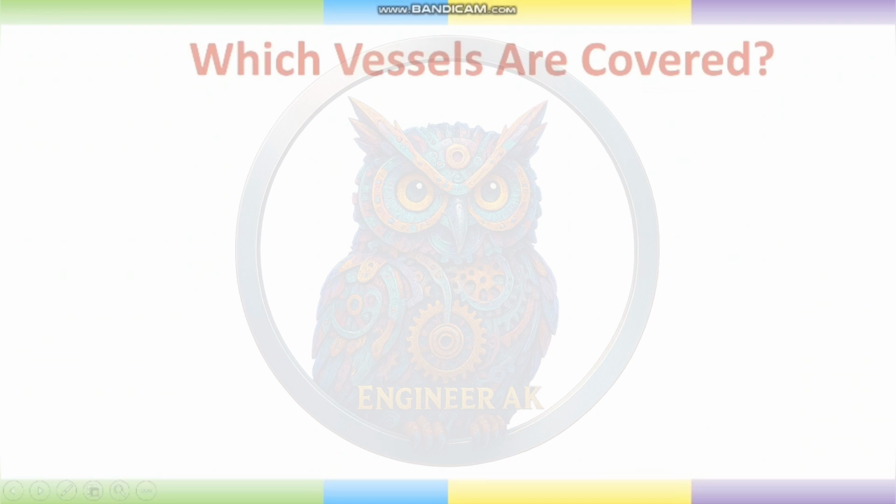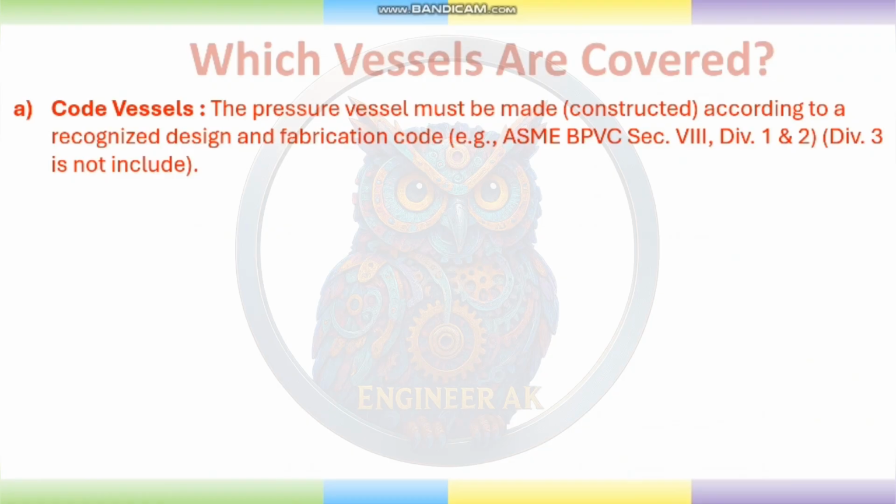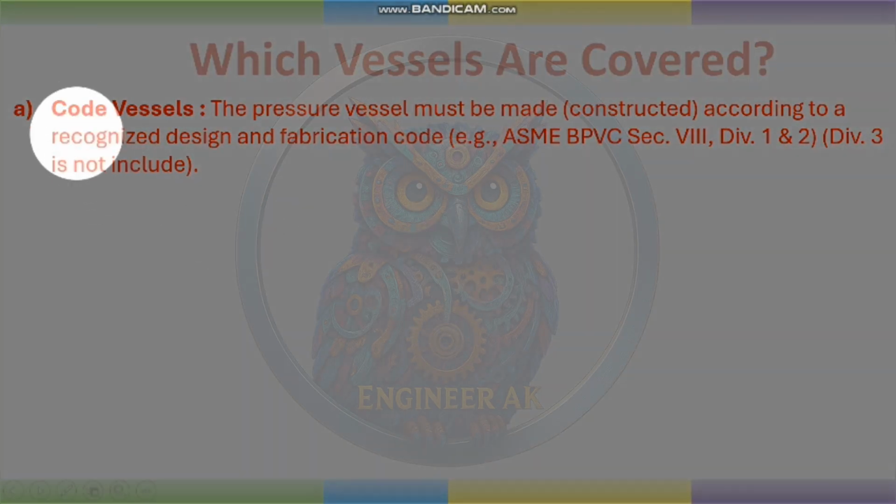Now which vessels are covered? Let's now move toward it. So the first one is the code vessel. From here you can understand that it is a kind of vessel that is designed based on a certain code. So the pressure vessel must be made or constructed according to a recognized design and fabrication code. For example, ASME Boiler and Pressure Vessel Code Section 8 Division 1 and Division 2.